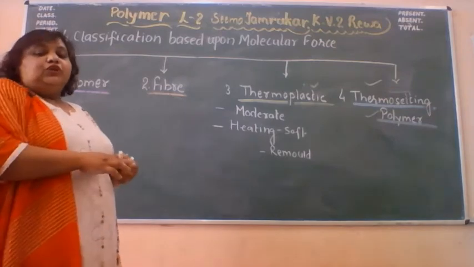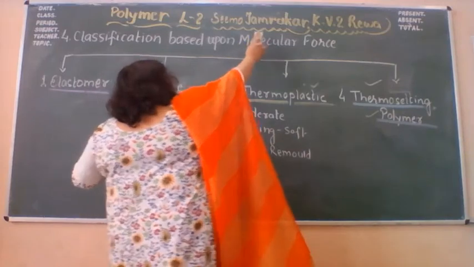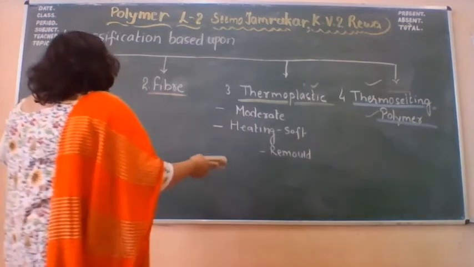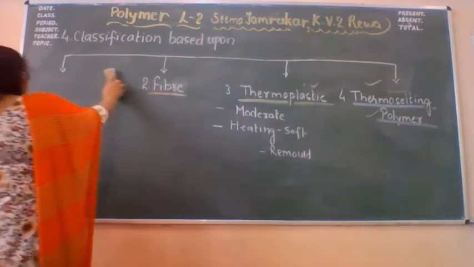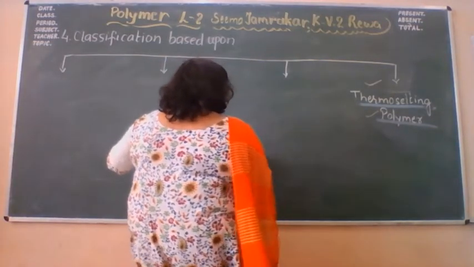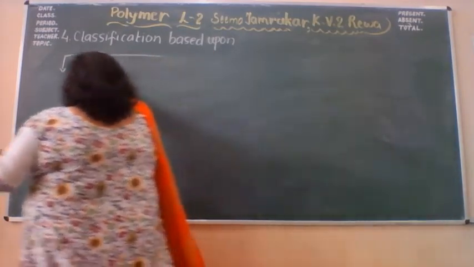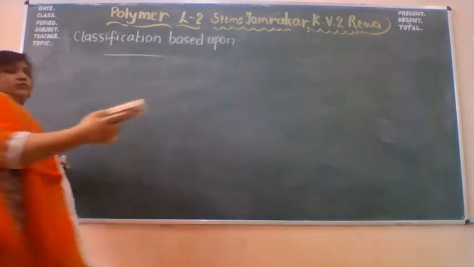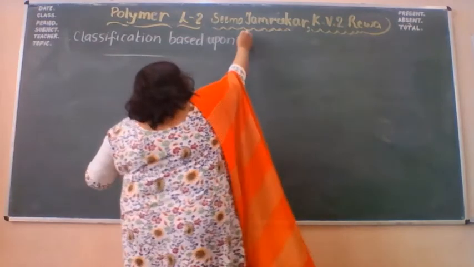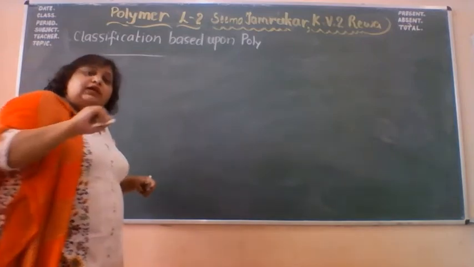Now I am moving to the last type of the classification, that is based upon the mode of formation, the chemistry of polymerization. Polymerization process means which kind of chemical reaction takes place here.